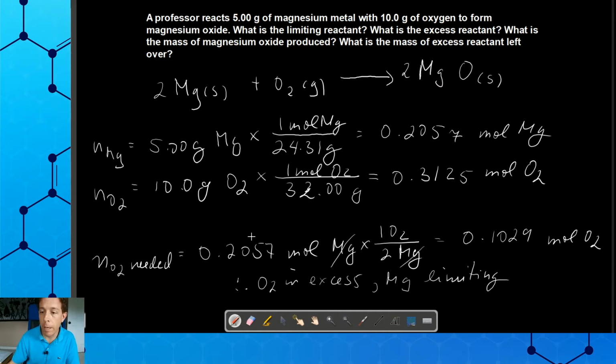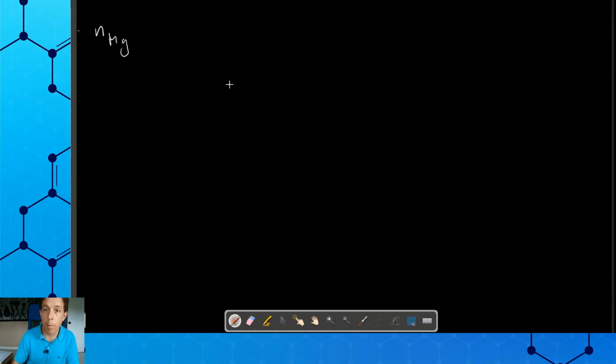So if we have the number of moles of magnesium that we need, we start off with 0.3125 moles of oxygen, and we then assume, okay, how much magnesium would this all use up? Number of moles of magnesium equals, and so this would be the number of moles needed.